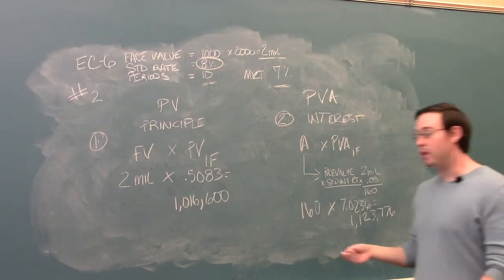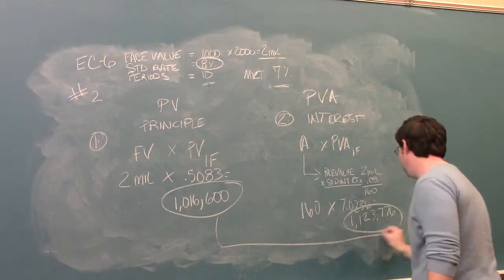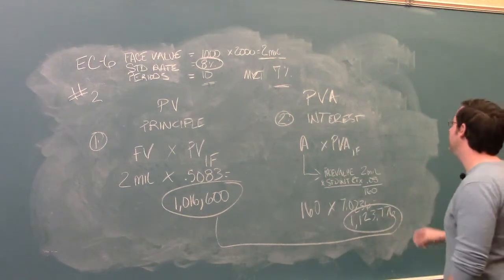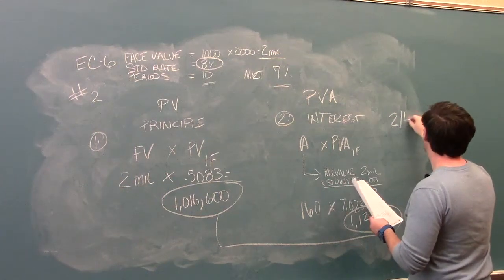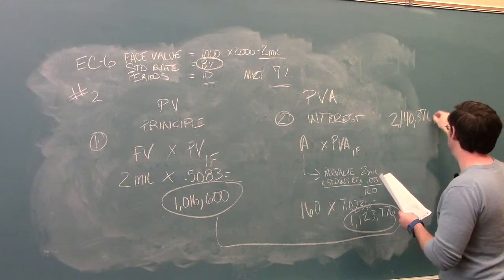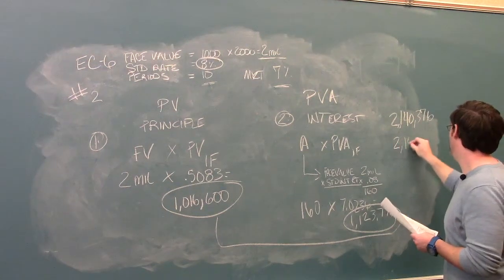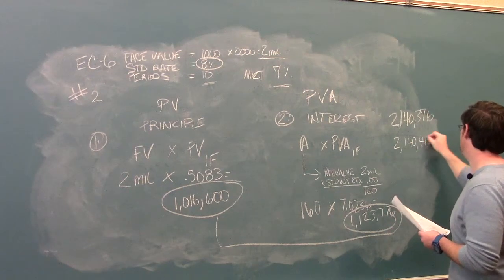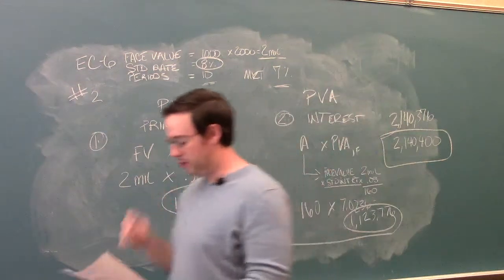Now, in order to get the cash proceeds, we simply add this with the principal portion, and that combination gives us the cash proceeds. Combined, it should be 2,140,376, and it tells us to round to whole dollars, so we'll do 2,140,400. This is the amount of cash proceeds that we are getting from issuing the bond.